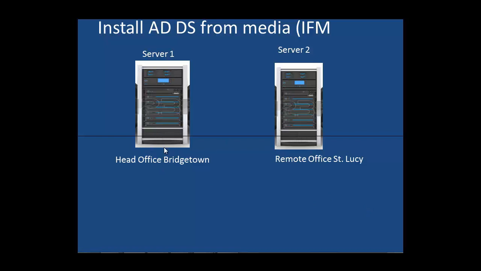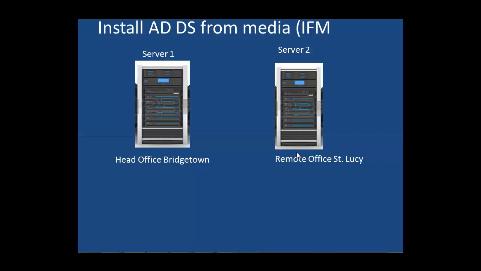One server is located in the head office, Bridgetown, and this server already has Active Directory domain services installed, which means it's a domain controller. We have another server here, server 2 in the remote office at St. Lucie, and we also want that server to become a domain controller.